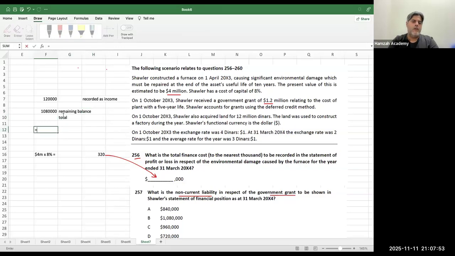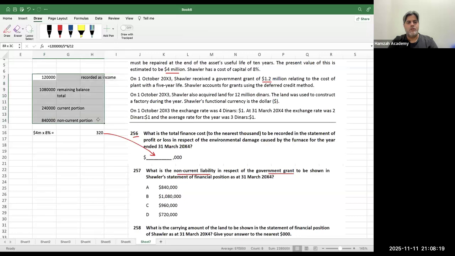Now, from this, again, I can divide by 5. This is the current portion. So the non-current portion will be the total minus this 8400.